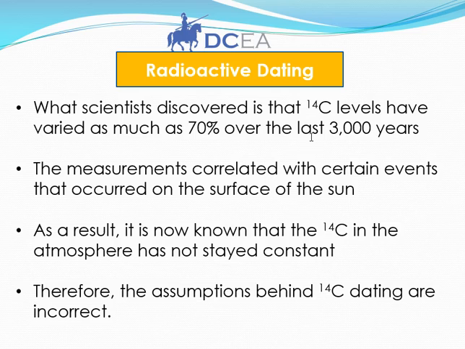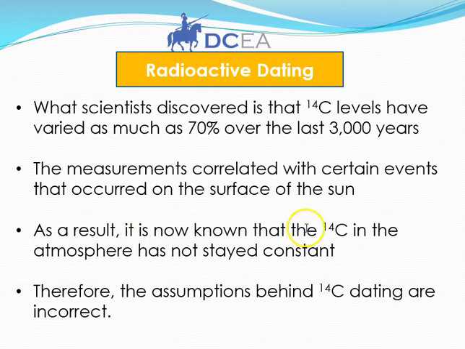Now, a lot of things could be responsible for that, but just as an example, volcanic explosions, an extreme heating event, or an extreme cooling event. The measurements of tree rings have been correlated with certain events that occurred on the surface of the sun.